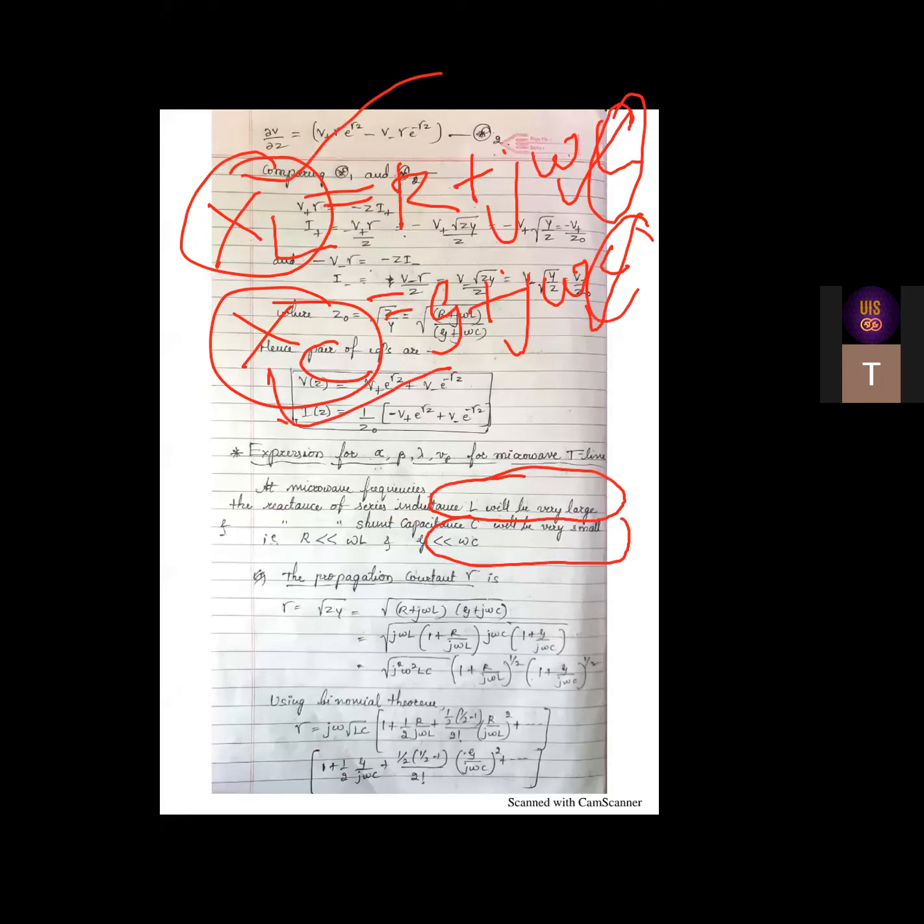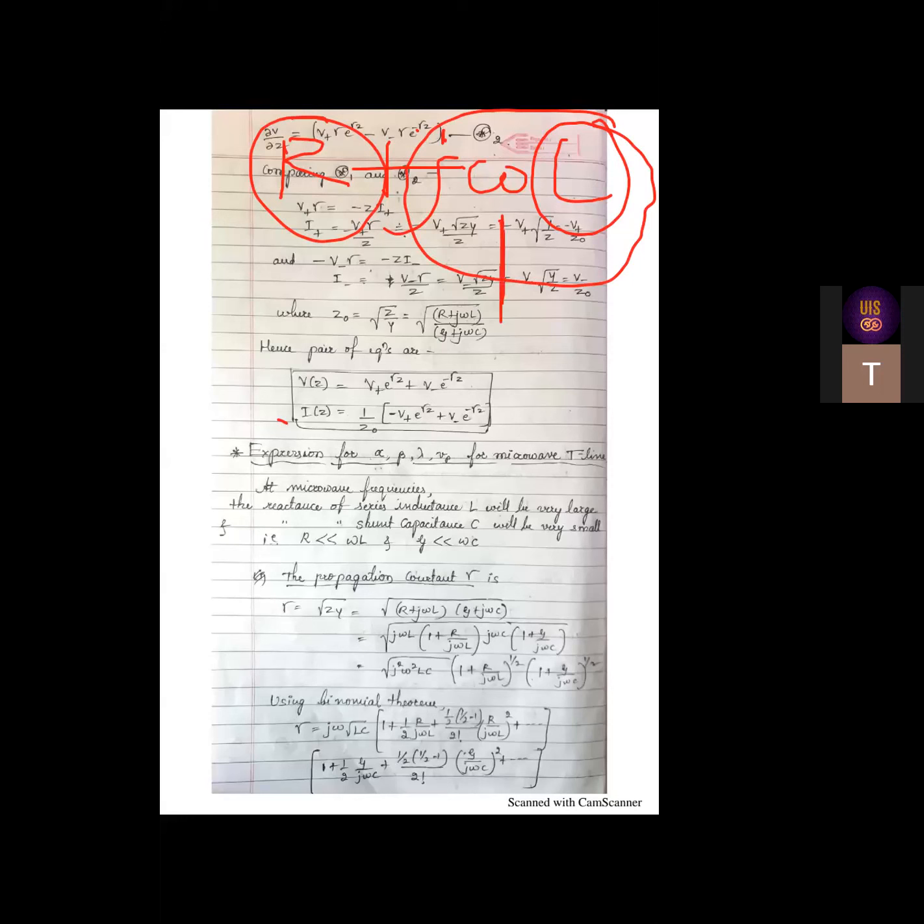So if that is the case, if we assume this condition, R plus j omega L, if this value is very large, what will happen to the resistance value out of these two parameters? This is a bigger term, say 1000, 2000, 3000 something, and R is in 0.0 or 1, 2 like that. Compared to the second term, the first term is very negligible, right?